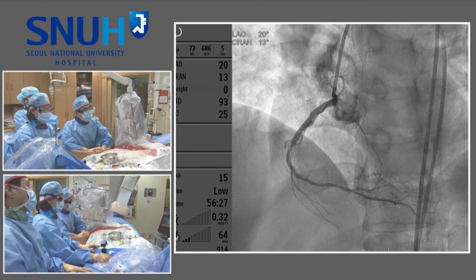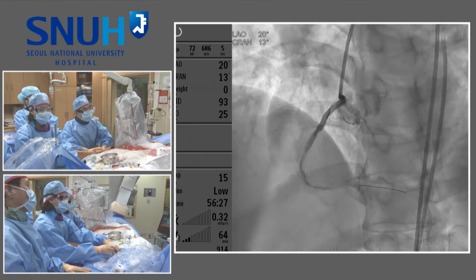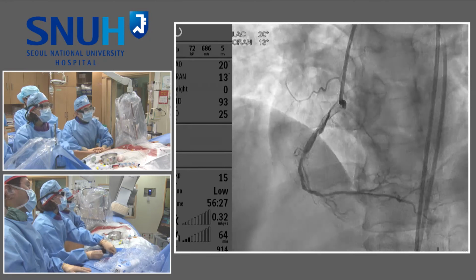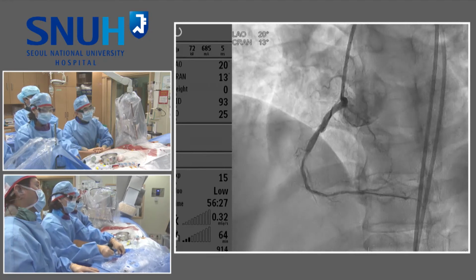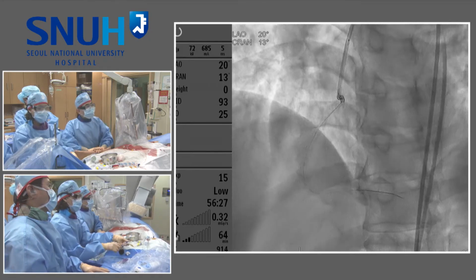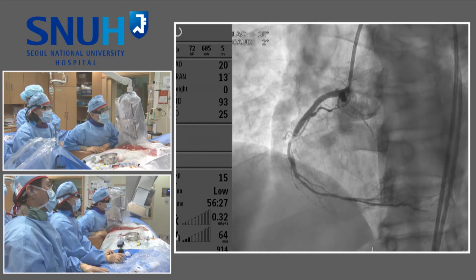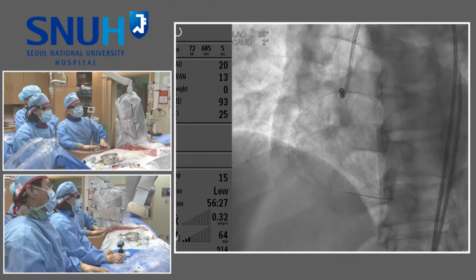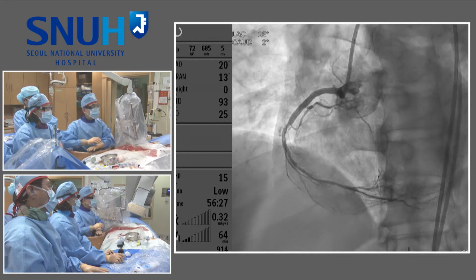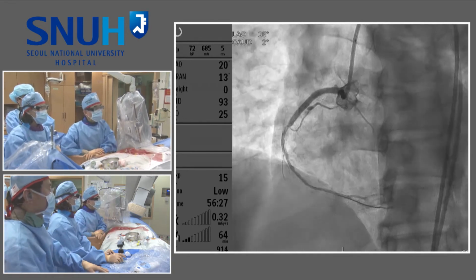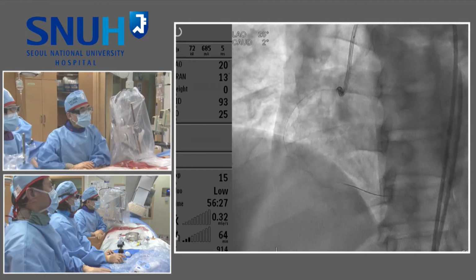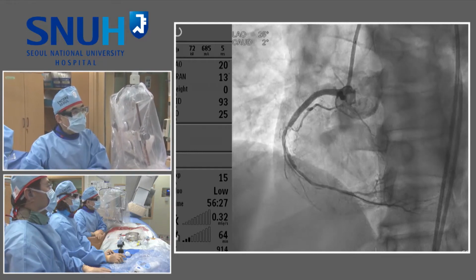Where will probably be the distal landing zone? This landing zone, where? Minus. Where do you recommend? All mildly diseased. Short stenting or long stenting covering distal RCA?